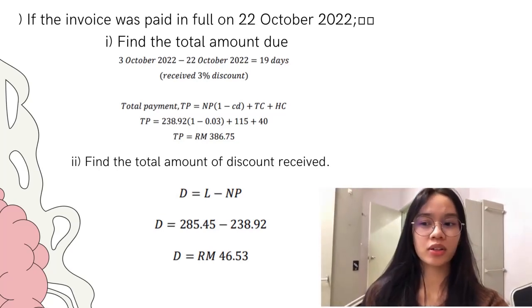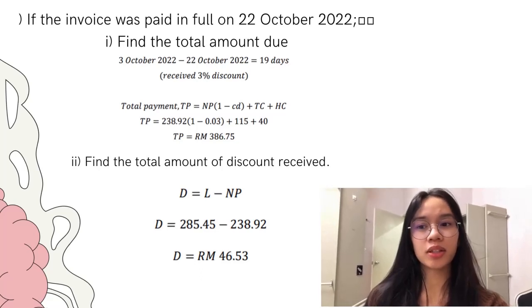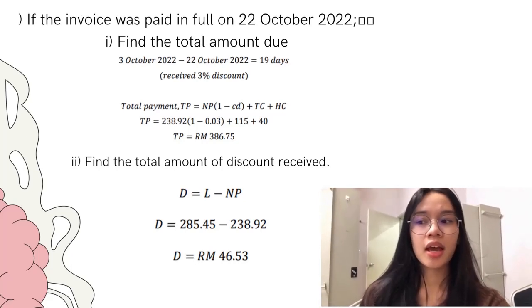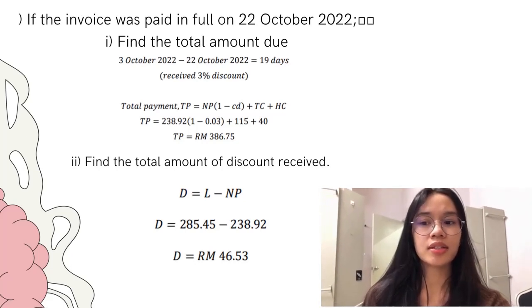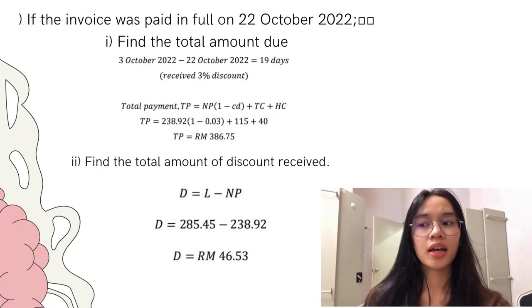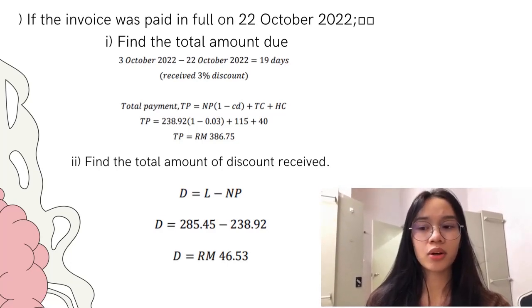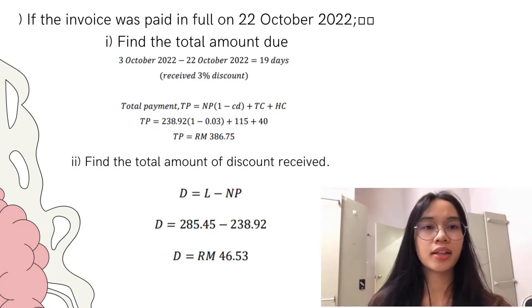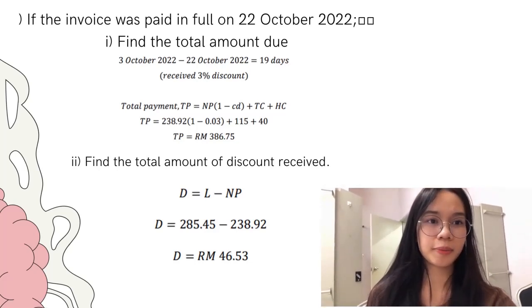Based on question 2b, the total net price of all items purchased is RM238.92, and the cash discount is 3%. The transportation cost is 115 ringgit, and the handling charges is 40 ringgit.